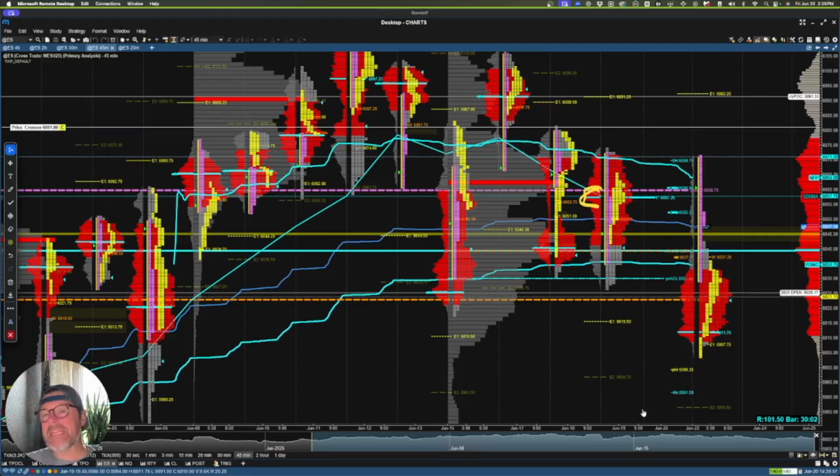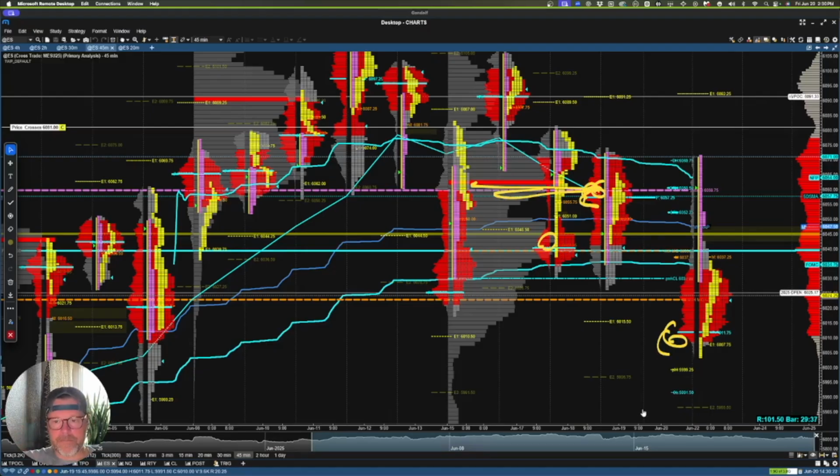Are they accepting that prior value as value again, or is there new information into the market that suggests that value resides somewhere else? We can look today and say, how would we read today? We would suggest that value ultimately developed lower after a couple sessions where we were developing composite value around here.